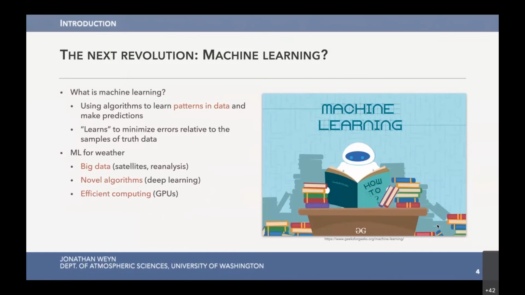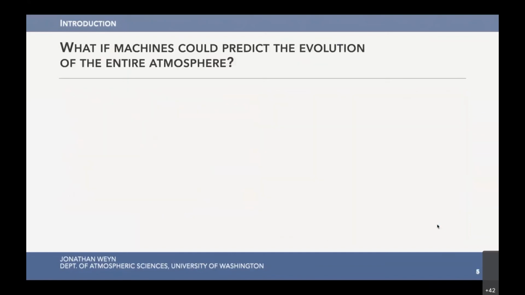And in fact, we have seen an explosion in the application of machine learning to various tasks in numerical weather prediction in recent years. But what if we could actually throw down the gauntlet at machine learning and challenge it to work as an actual global weather prediction model?